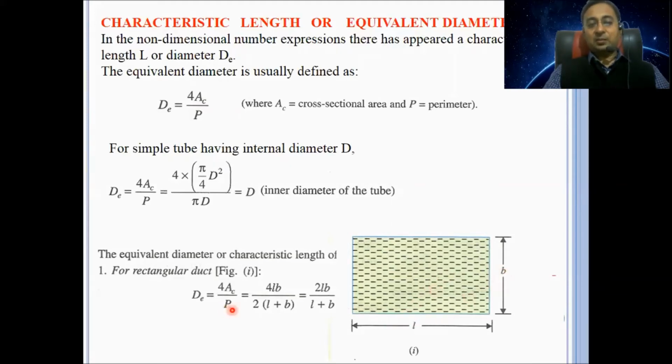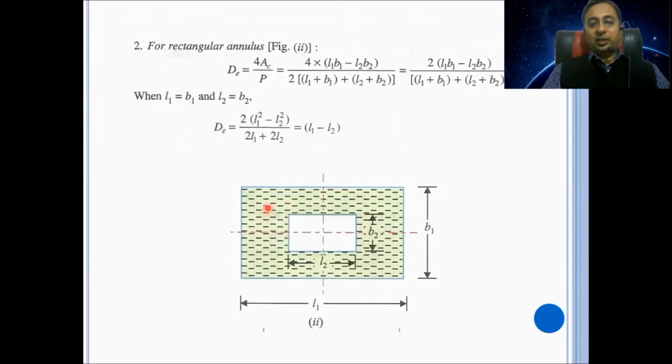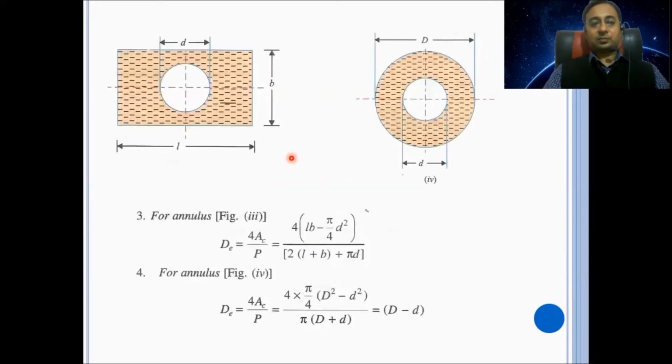And perimeter means L plus B into 2. So for this duct, characteristic length D_E is equal to 2LB divided by L plus B. For different areas, you will get different equations. But don't worry about all these things. You will not get this kind of examples.